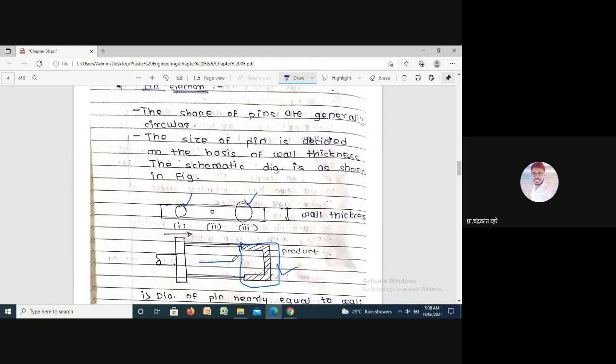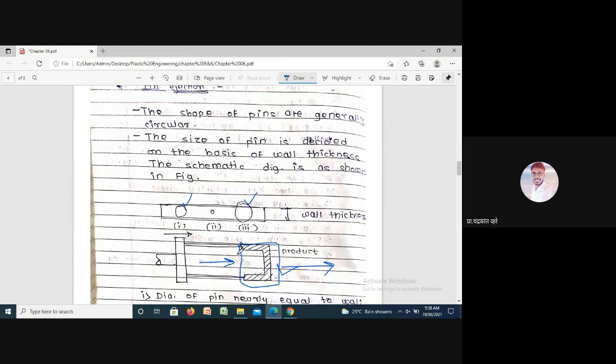Then by using this ejection system, we push this product toward the upward side. As I have already shown you one mechanism for the ejection system, this is how the pin ejection system works.